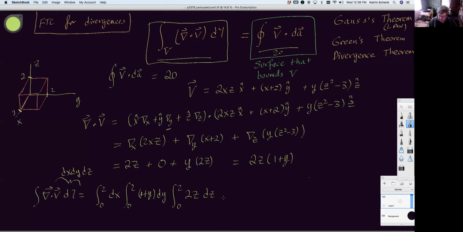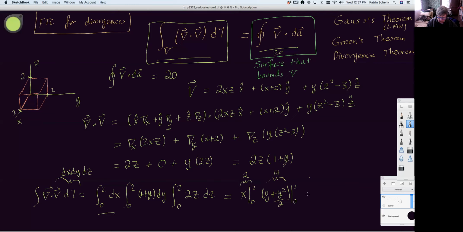All right, let's do the integral. The x integral is x from 0 to 2, and that's just going to be 2. And then 1 plus y is going to be y plus y squared over 2 between 0 and 2. And so that's going to be 2 plus 2, which is 4.